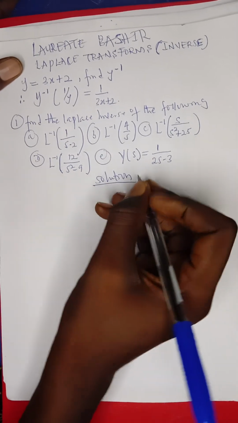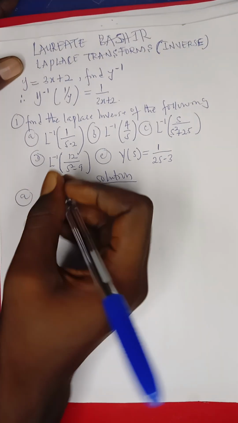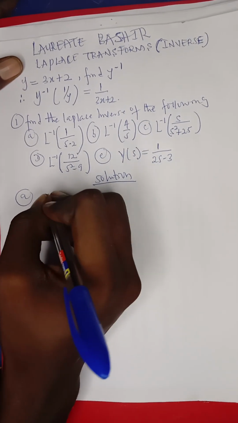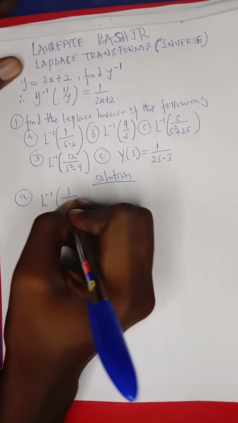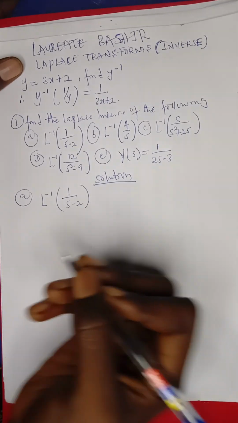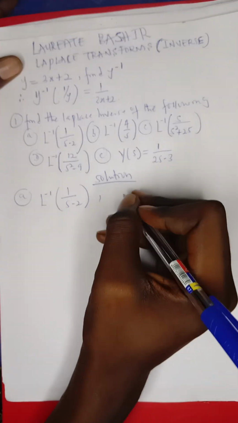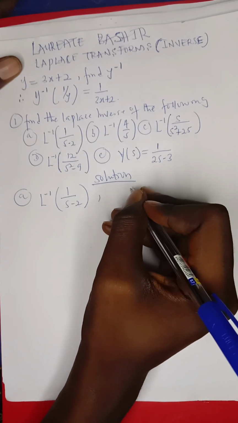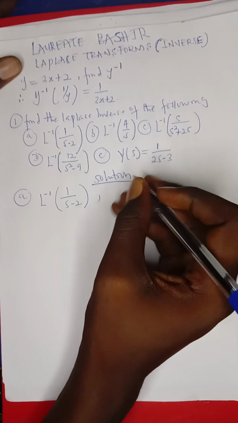Number 1, A, we have the Laplace inverse of 1 over s minus 2.